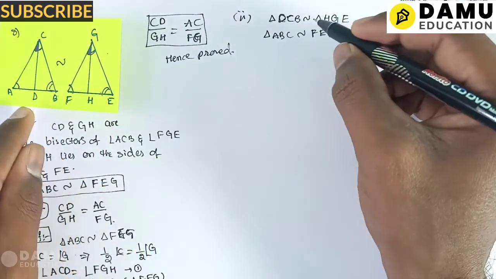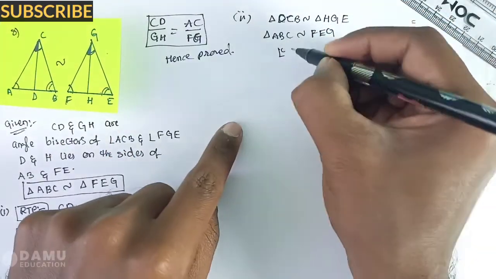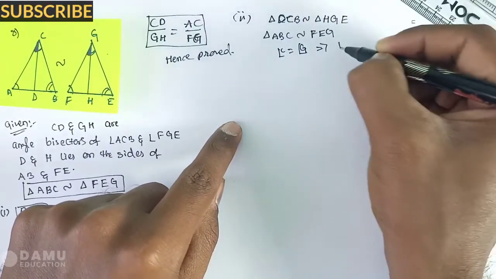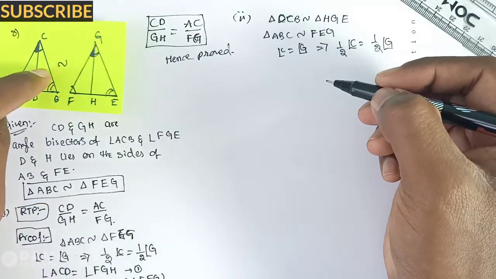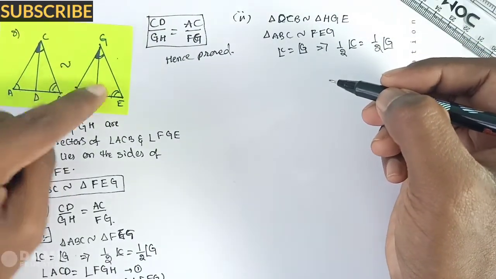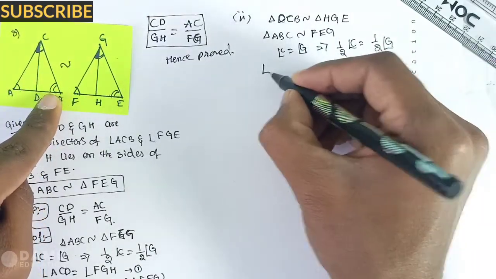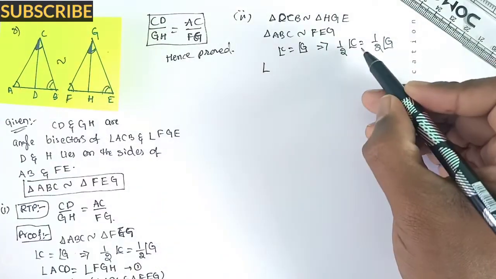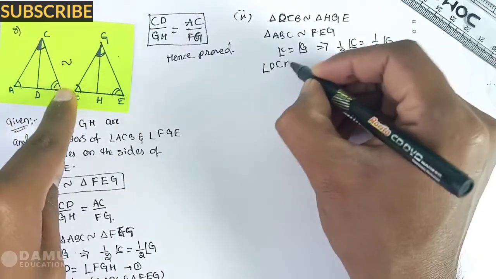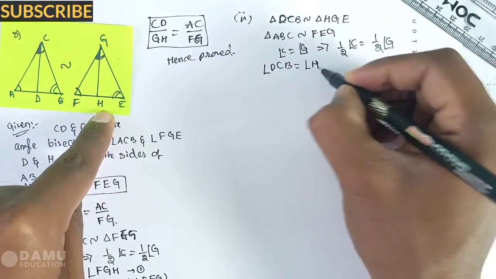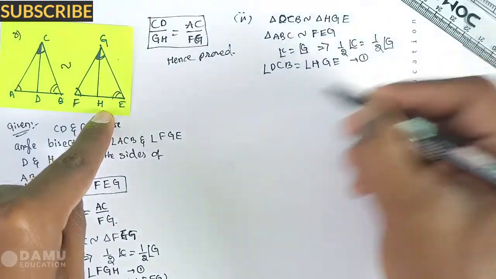In order to show DCB similar to HGE, you have to take again angle C will be equal to angle G, so half of angle C equals half of angle G. Here we are concentrating on triangle DCB, so angle DCB will be equal to angle HGE. This is equation 1 for the second one.